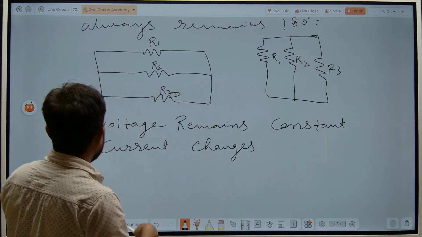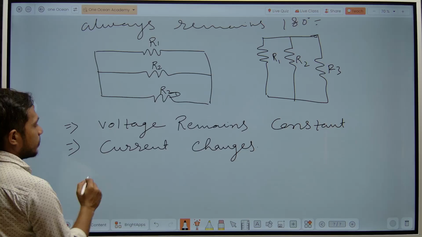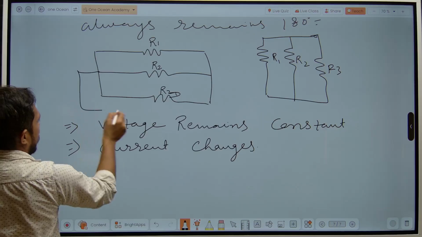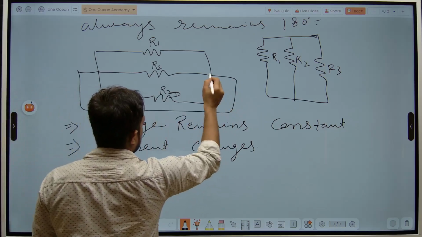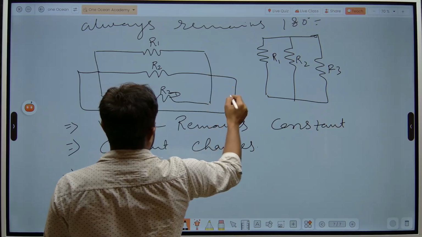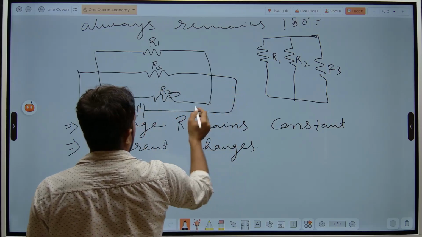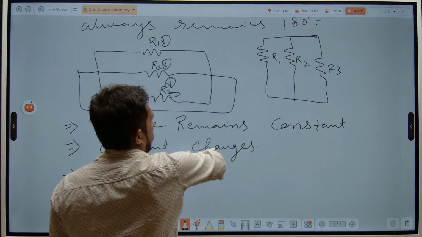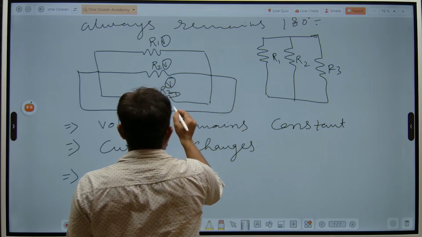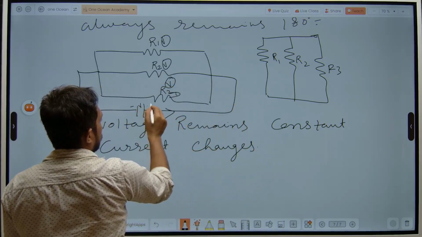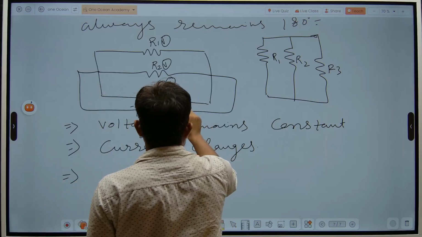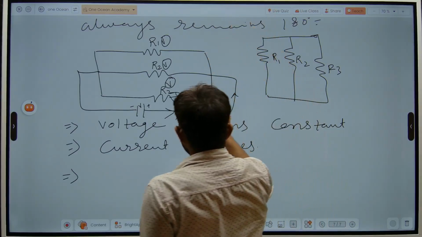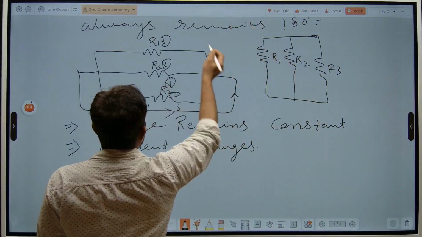So, now voltage remains constant. So, if we connect the given figure to a voltage V, current will be distributed. Voltage remains constant at V all over the circuit, but current will be distributed. That means what? If current I is flowing through the main wire, then it will be distributed according to the given resistors.